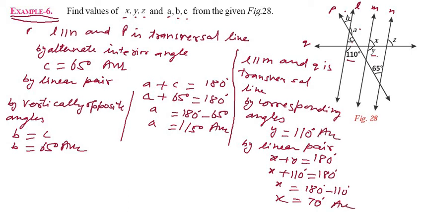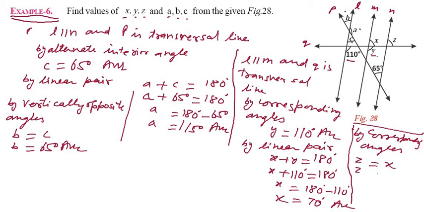X and Z, we know by corresponding angle. So you can write here, by corresponding angle, X and Z are equal. So you can say Z is equal to X. So the value of X, you know, is 70 degrees. So this will be your answer.